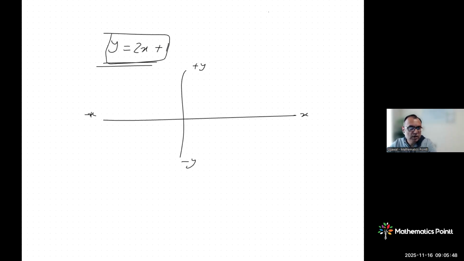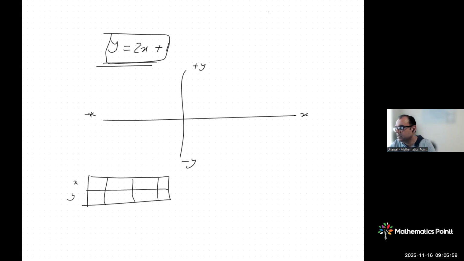We'll quickly draw a table with x and y. We will plug in some x values and find some y values. Let's scale it 1, 2, 3, 4, and -1, -2, -3, and so on. I just randomly scaled it.